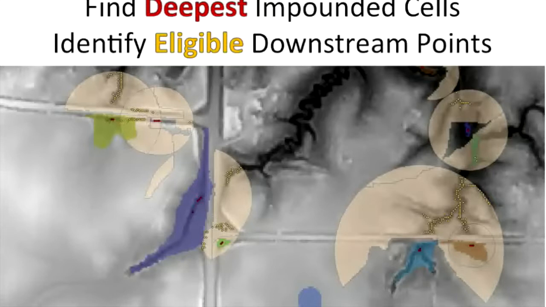He finds, if you can see them, the little red cells that are the deepest cells in that impeded area. He then looks at a radius around that to find opportunities for flow downstream. That would be these yellow cells in this particular slide.